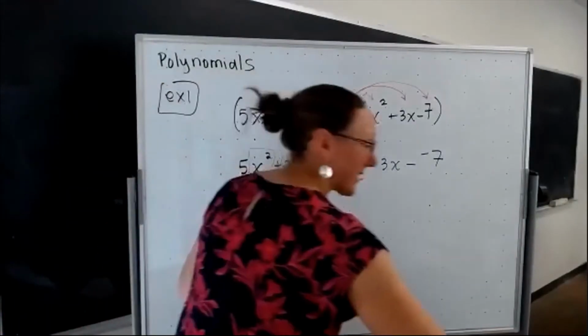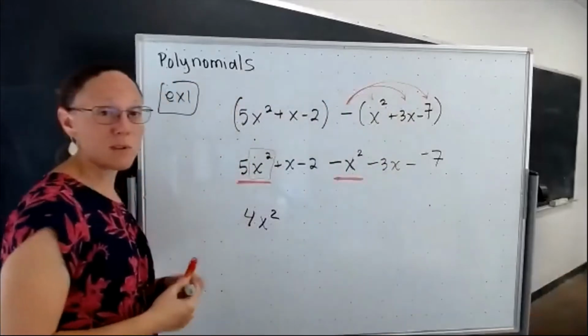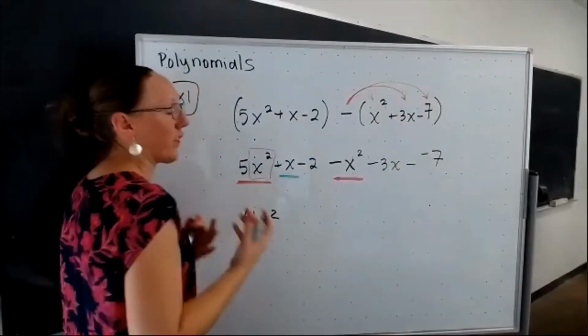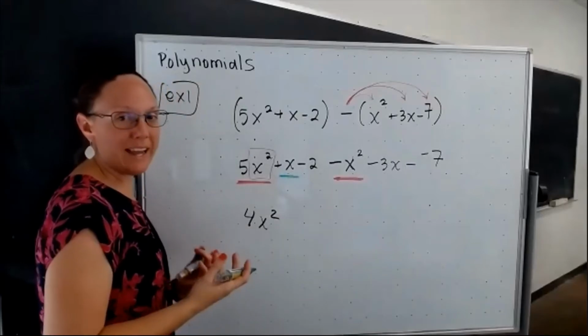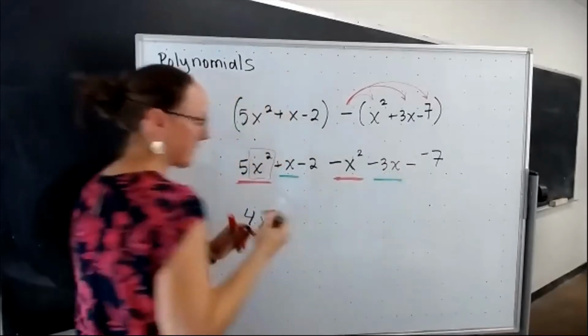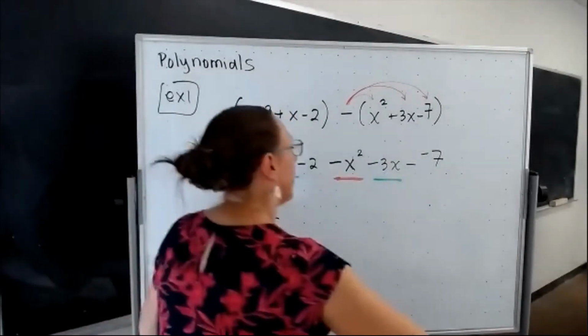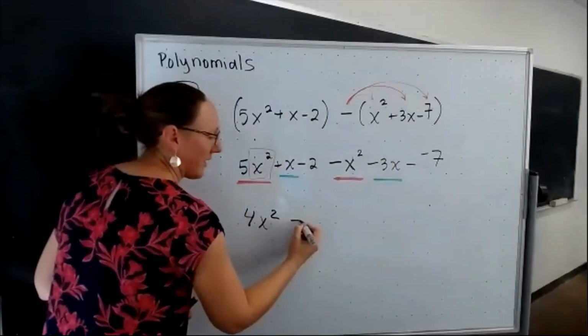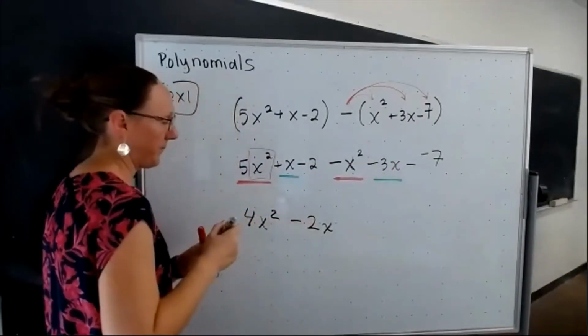And I'll move on to my next term and see if there are any terms that are like the next one. I've got a plus x. So then I'm looking for anything else that has an x raised to the first power. So here, my negative 3x is that next piece. So I've got a positive x minus 3x. It's going to give me negative 2x.